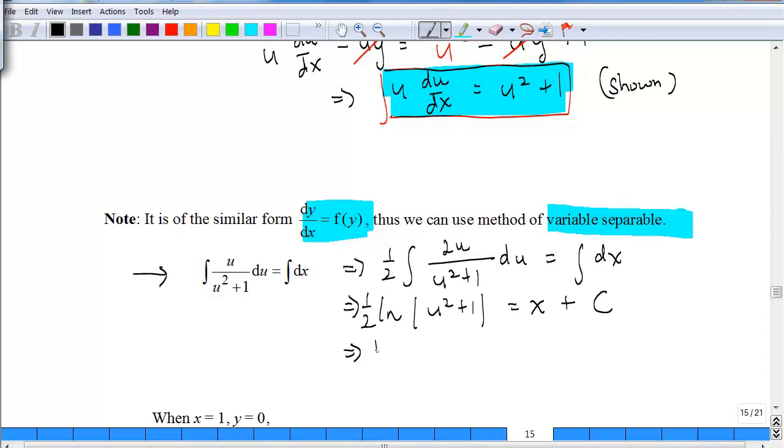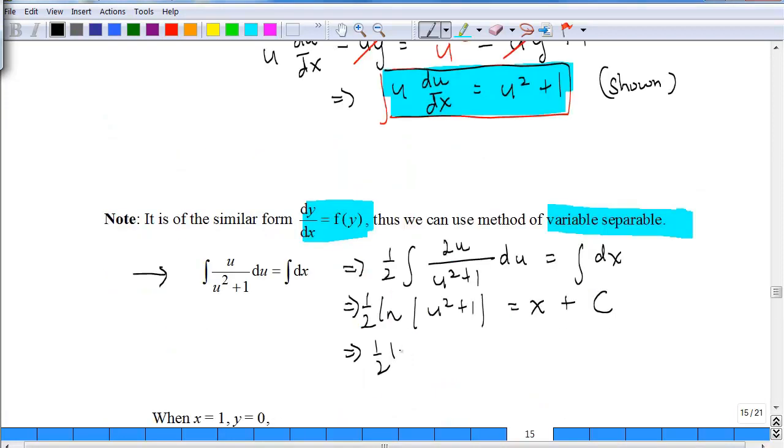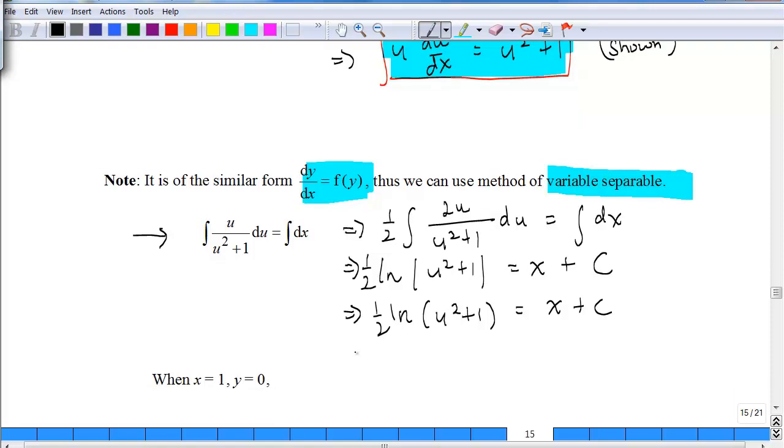Okay, so half ln u squared plus 1 equals x plus c. Alright, and then this one can be reduced to ln u squared plus 1 equals 2x plus, now when I cross multiply I will have 2c, right?